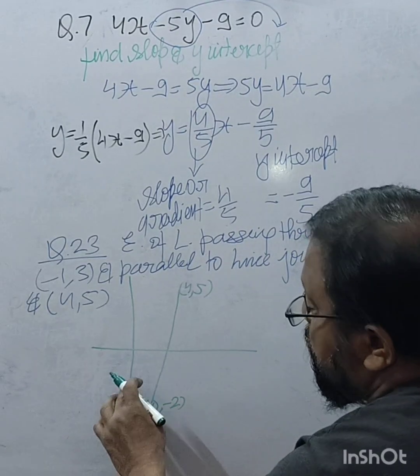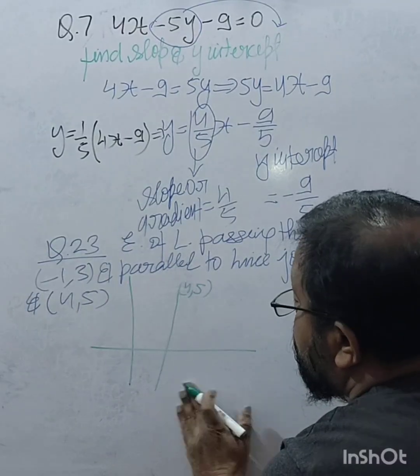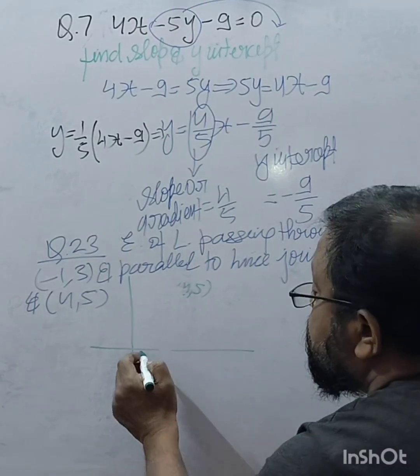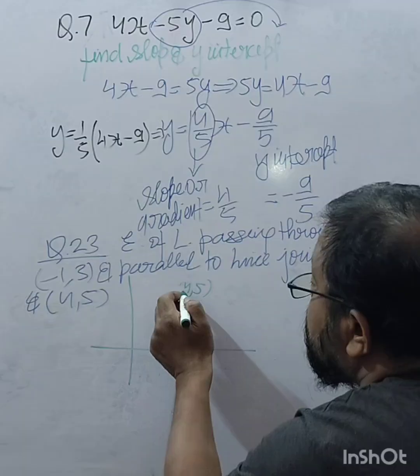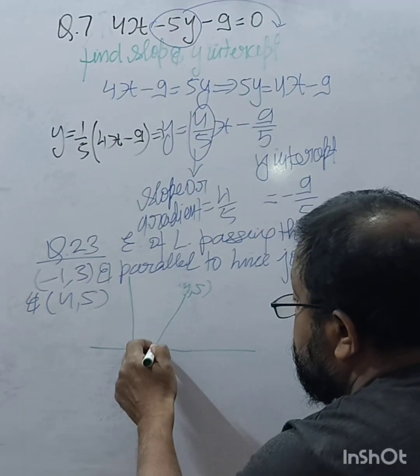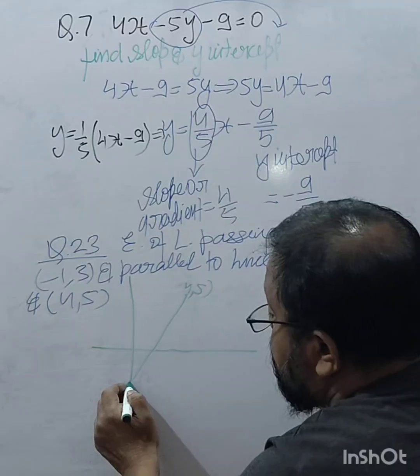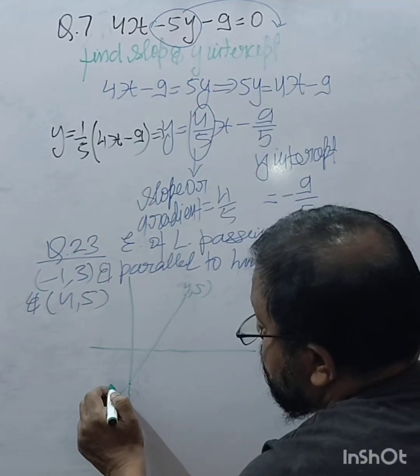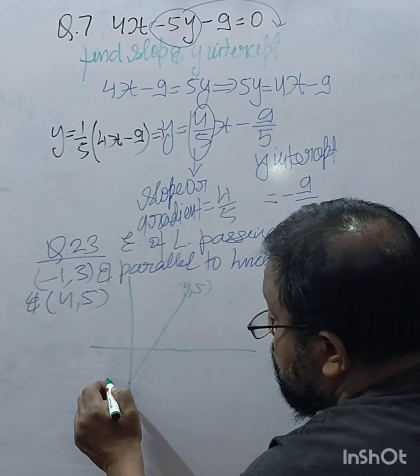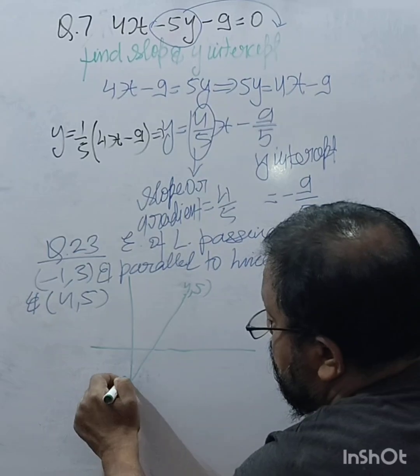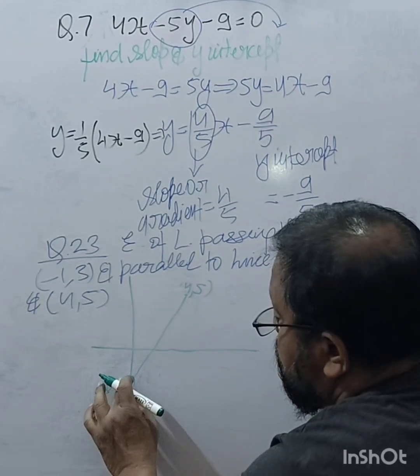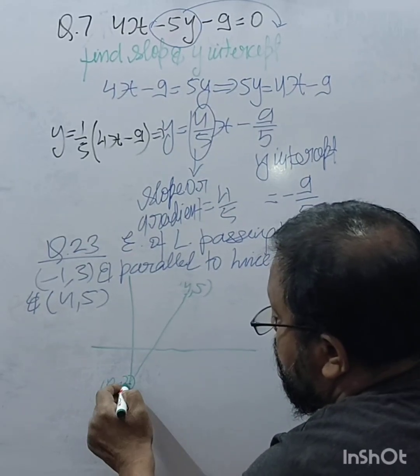You can draw it like this. One point is 0 comma minus 2.